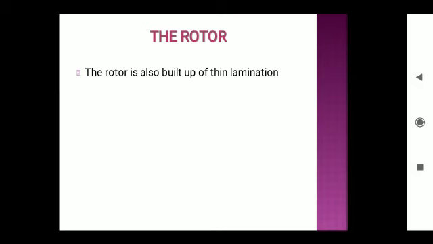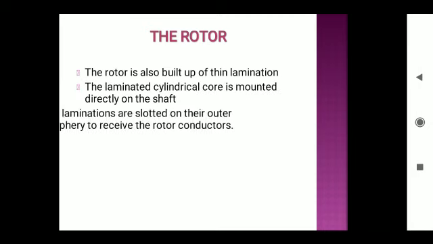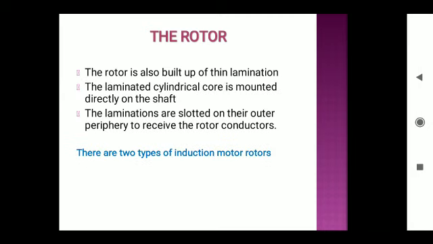The laminated cylindrical core is mounted directly on the shaft or a spider carried by the shaft, and these laminations are slotted on their outer periphery to receive the rotor conductor. There are two types of induction motor rotors. Number one, a squirrel cage rotor, and number two, the wound rotor or slip ring rotor.